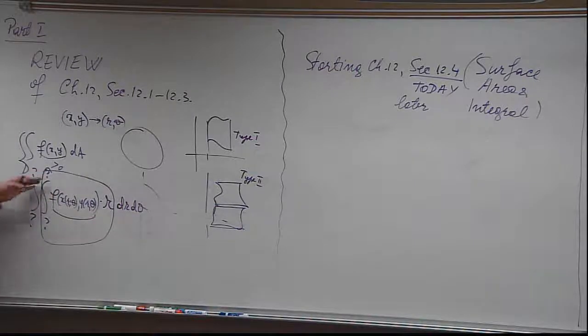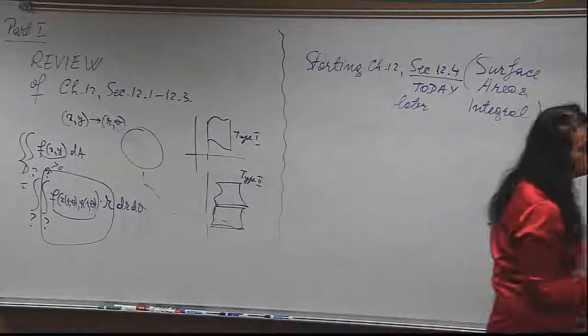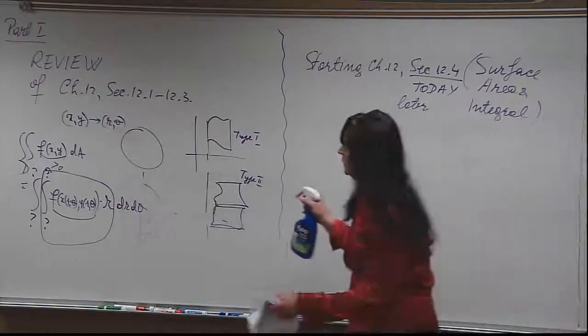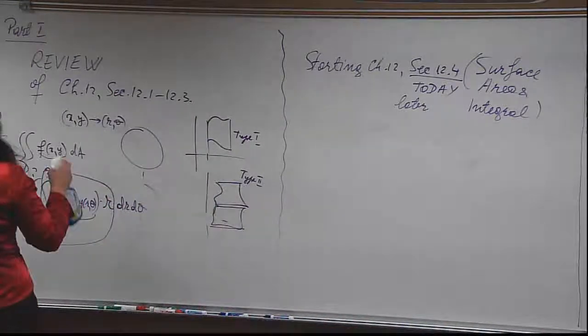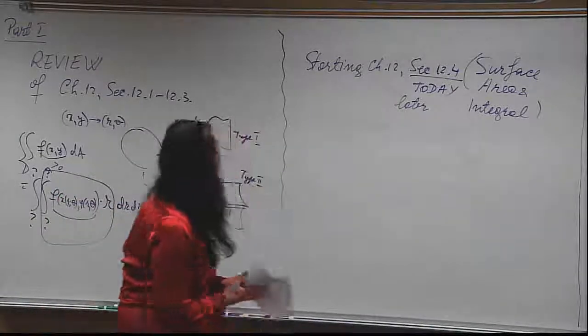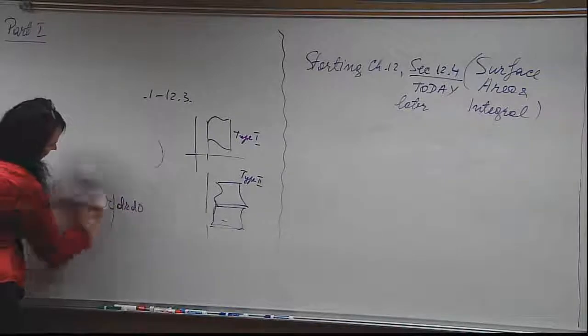You may have some function of r, and here theta 1 and theta 2. So I want to see a few more examples before I move on to section 12.4, because as the Romans said, review is the mother of studying, which is repetitio est mater studiorum, which means go ahead and do a lot of review if you really want to master the concepts.